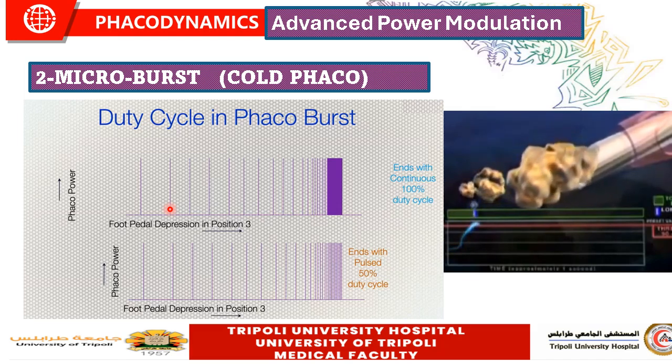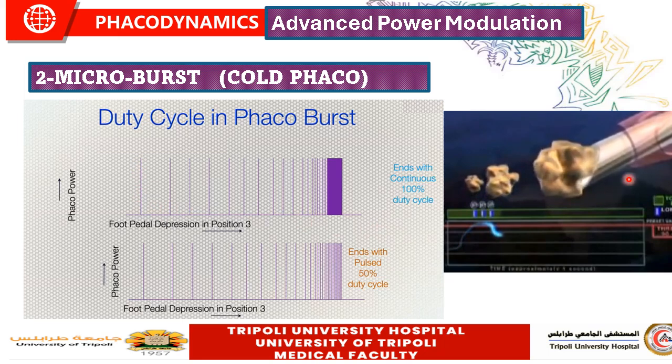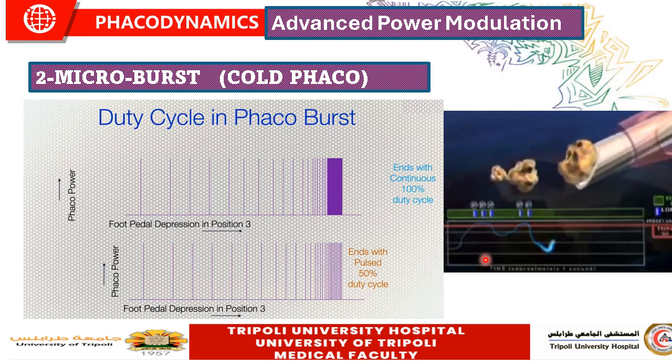Now in the microburst mode, we can deliver up to 4 milliseconds. You can see here, they incorporate this mode in the intelligent phaco tip, so that it will predict the occlusion of the tip, and a small burst of ultrasound will be delivered to overcome the total occlusion of the tip. As you can see here in the curve, once total occlusion of the tip is achieved, the vacuum inside the phaco tip will be elevated, so a small burst will be delivered here and here and here.